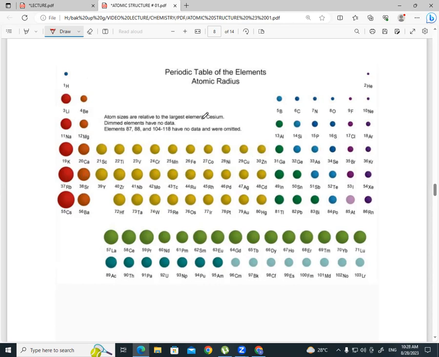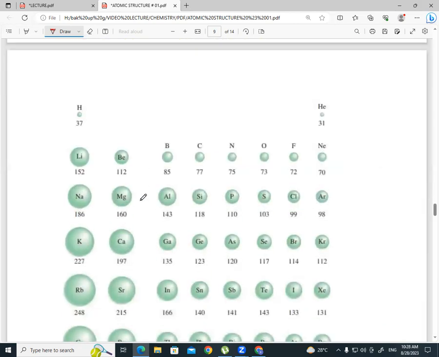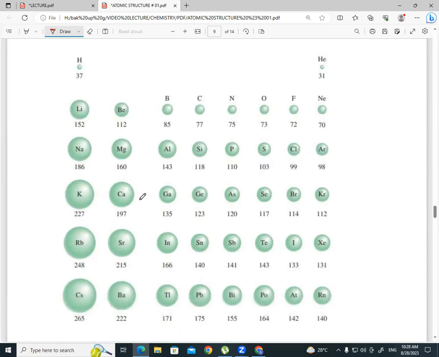By looking at this animated diagram, we can easily learn that across the period atomic radius is decreasing, while in the group from top to bottom atomic radius is increasing. These are the measurements of the atomic radius of some elements given here.